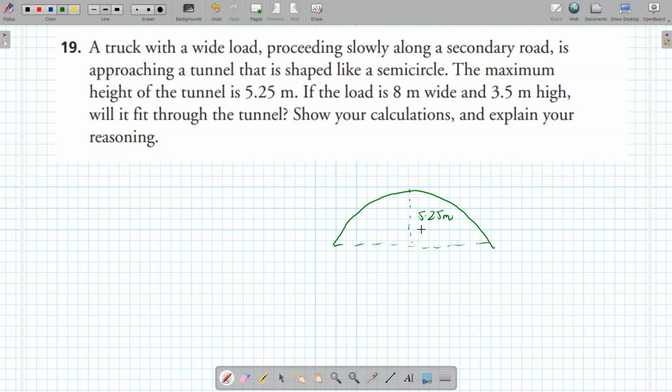How do you even approach this? I'll give you a hint. Is there an issue with the height? This is this much high, 5.25. No. So height, we're good. We only care about the wideness of it.